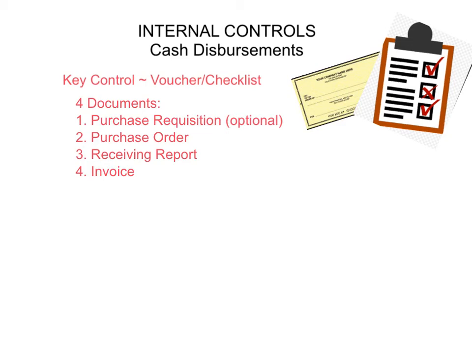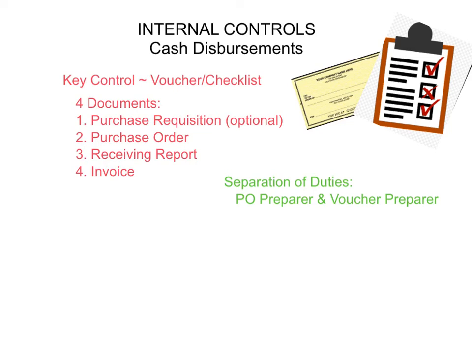They would verify all the documents, make sure that all the documents agree, and that we have received exactly what we ordered, and we are now being billed for the items that we actually received and ordered. And it is not until these items are checked off and agreed that the voucher would be approved for payment to have a check cut from the company checkbook.